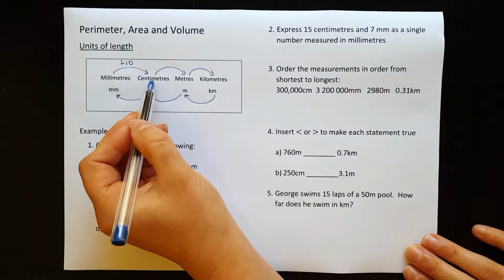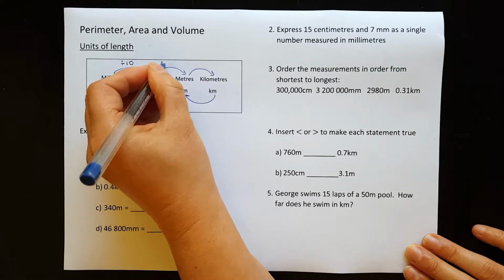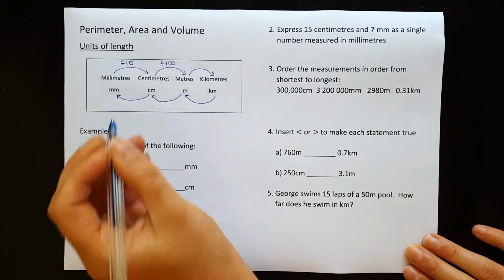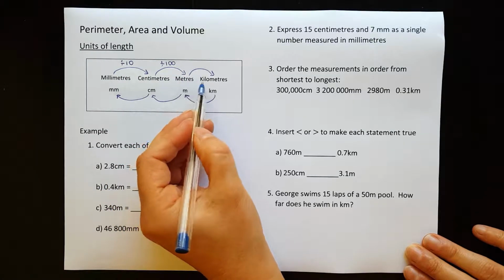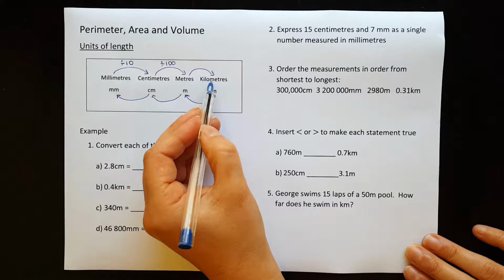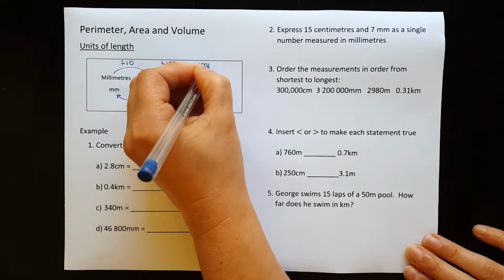There are 100 centimeters in a meter, so I divide by 100 to convert from centimeters to meters. And there are 1,000 meters in a kilometer, so I divide by 1,000.